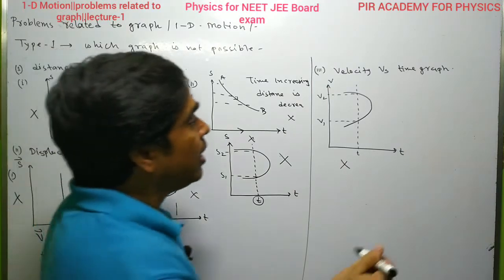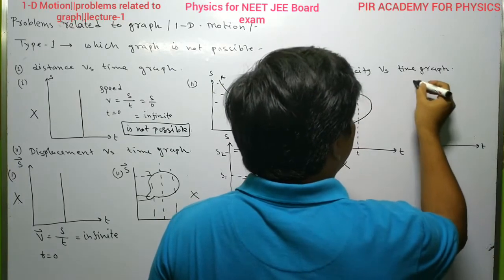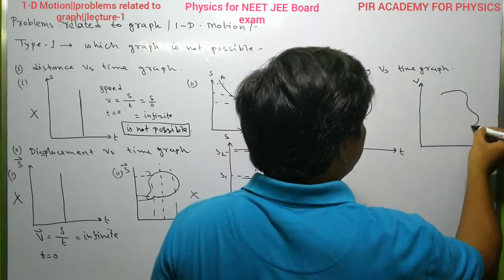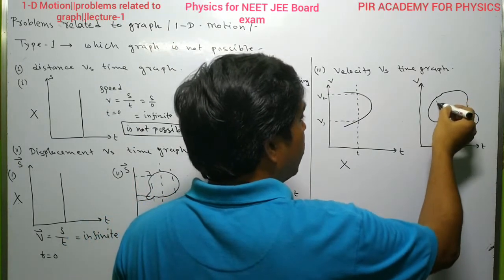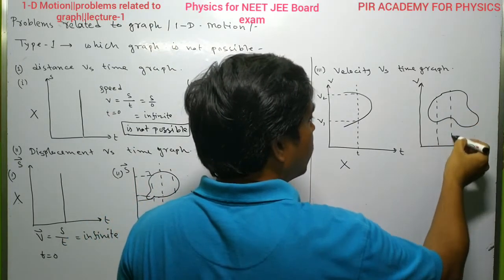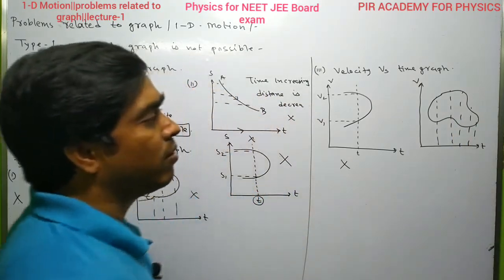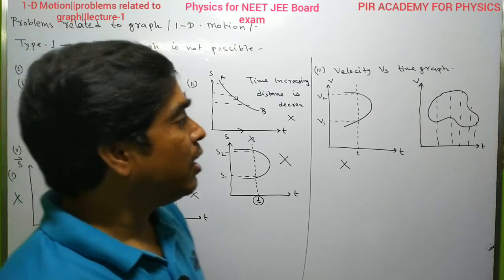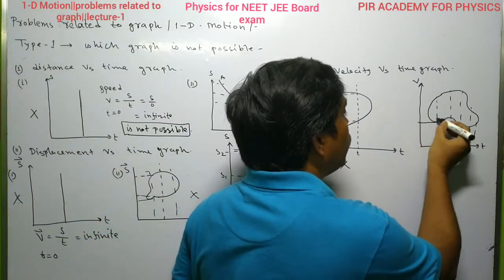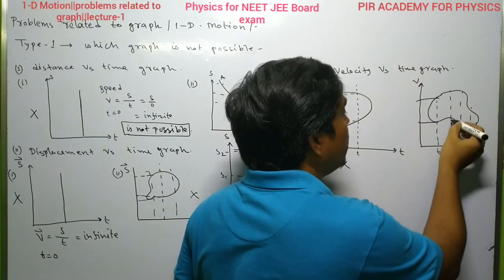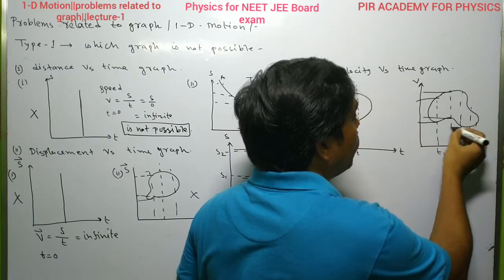Number 2, if I draw the velocity time graph in this way, here you see that all the time it has two velocities. Suppose at time t1 it has two velocities, at time t2 it has two velocities, and at time t3 it has two velocities.